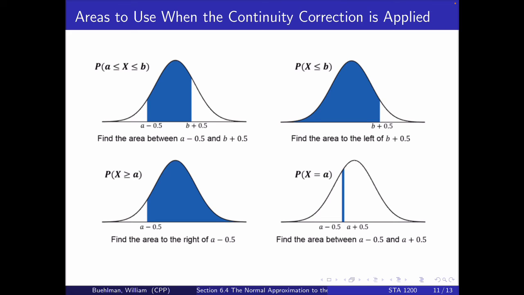If we want greater than A, we're going to take A and subtract 0.5 and then everything to the right of that. If we want exactly a certain A, we're going to subtract 0.5 from it and add 0.5 to it and find the area between those two numbers.